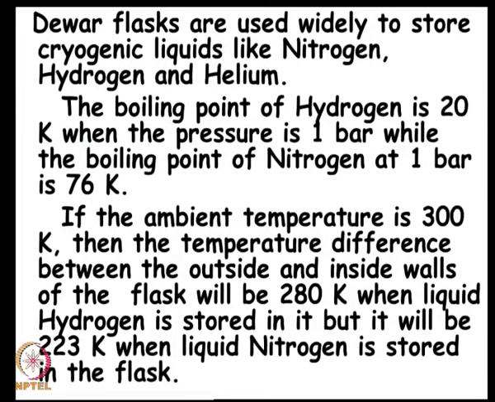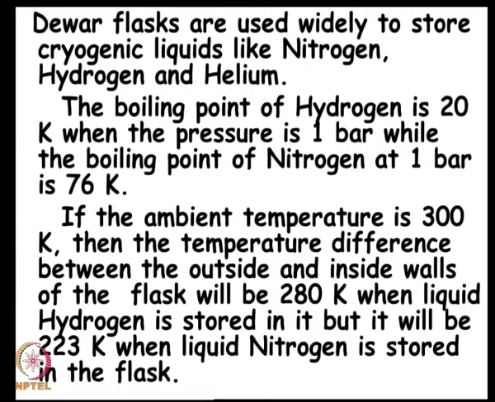Now, if these liquids are carried in a Dewar flask, and the ambient temperature, the surroundings, is around 300 Kelvin, room temperature, then the difference between the ambient and the hydrogen containing Dewar flask is 280 degrees Kelvin, while that between the ambient and the flask containing liquid nitrogen is about 223.